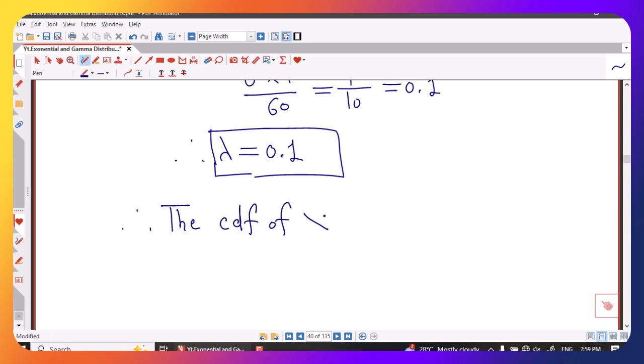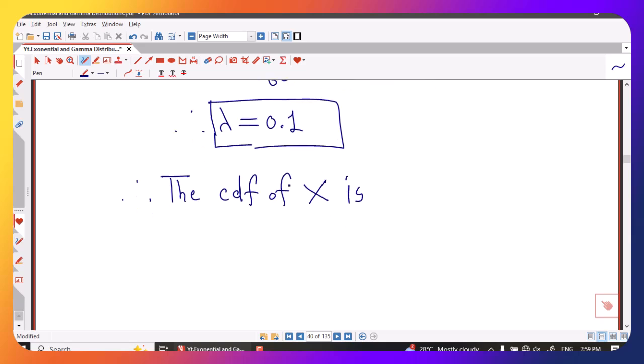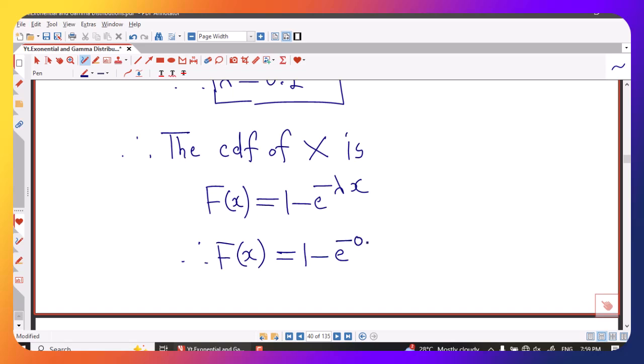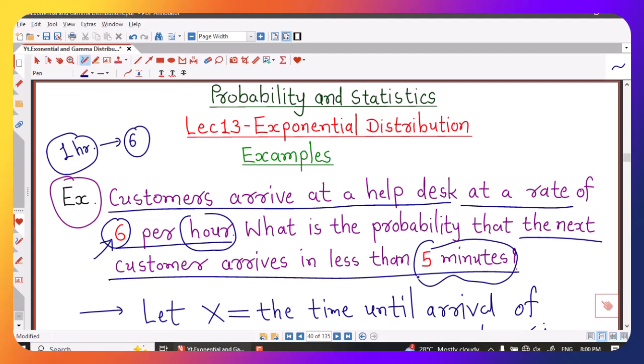We have a ready-made formula for the CDF of exponential distribution, which is capital F of x equal to 1 minus e raised to minus lambda x, and here our lambda is 0.1, so I put lambda equal to 0.1 here, and I obtain the formula for CDF.